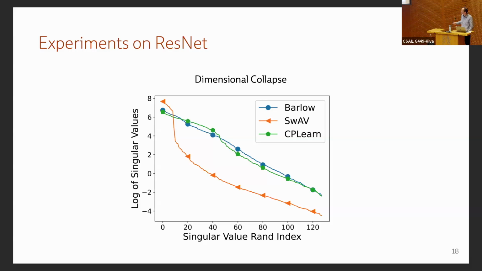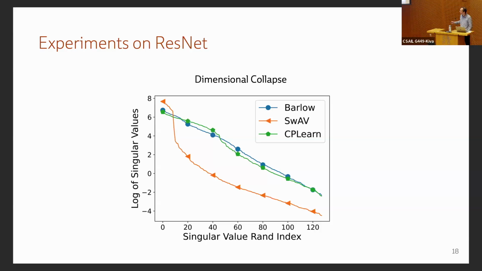And what you can see is that Barlow twins, for instance, that is a feature decorrelation method, tries to use all possible dimensions. Here we have 128 elements in our embedding vector, and you can see that this curve is pretty flat compared to SWAV, for instance, where it drops at a very small number of values.